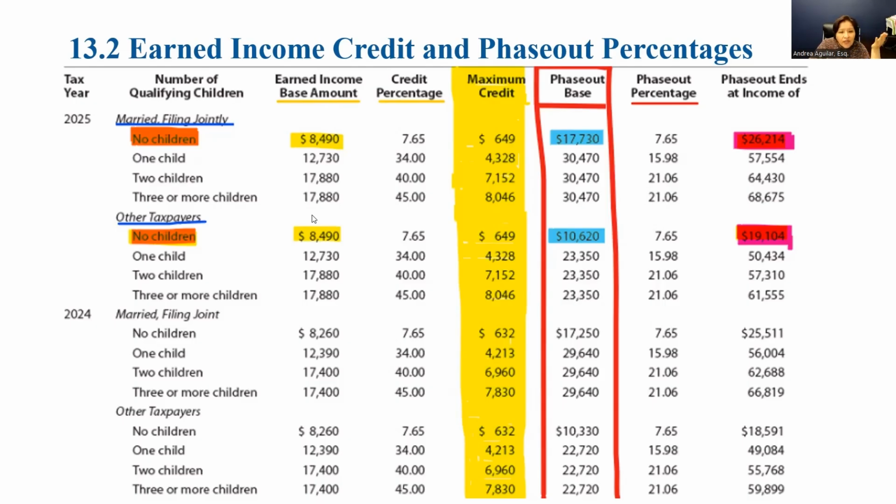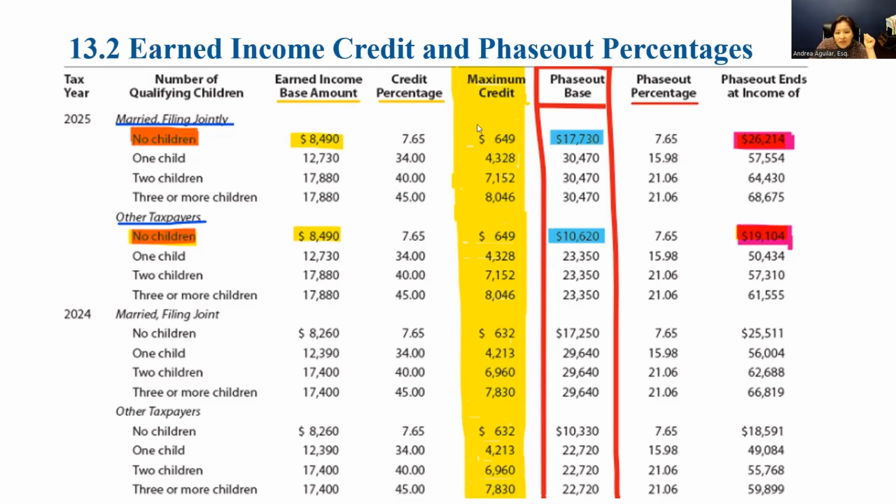So whenever we want to know what is this earned income base amount, what is that? Well, this is the income level at which the maximum credit is reached. And what is the credit that I'm going to get? Well, this earned income times the credit percentage. This will give you $649.